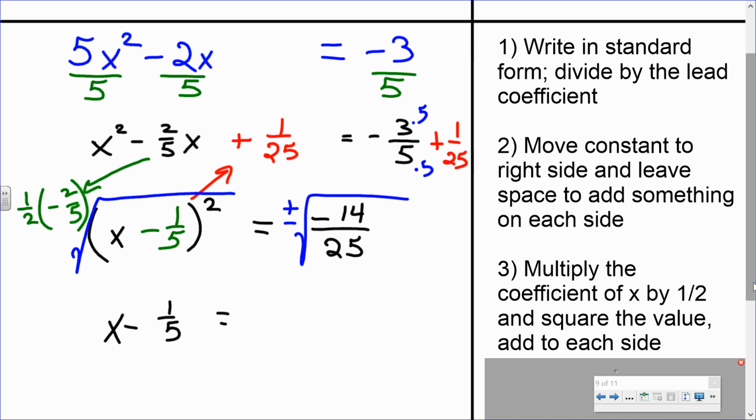I've got a negative sign inside that square root, so what does that mean I have? That means I have an i, so I have plus or minus the root of 14 over the root of 25 times the i. Last step, I want just x equals.